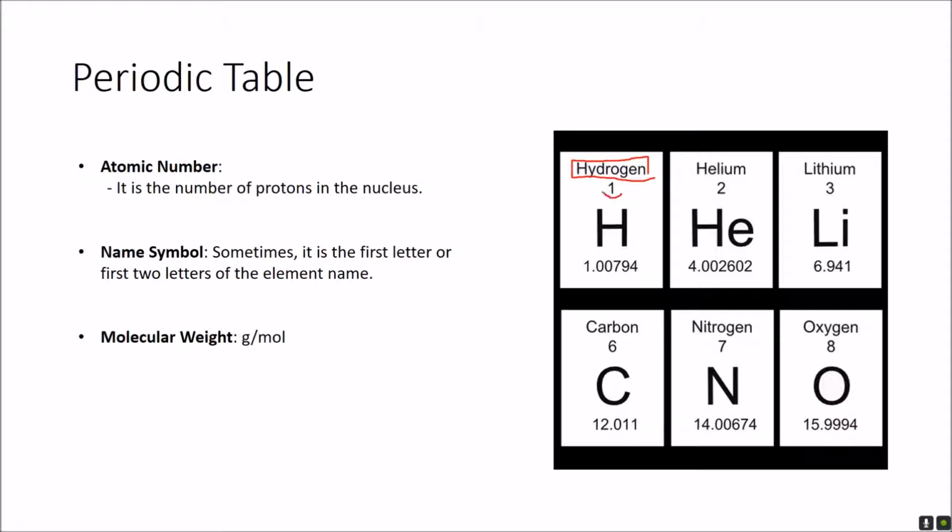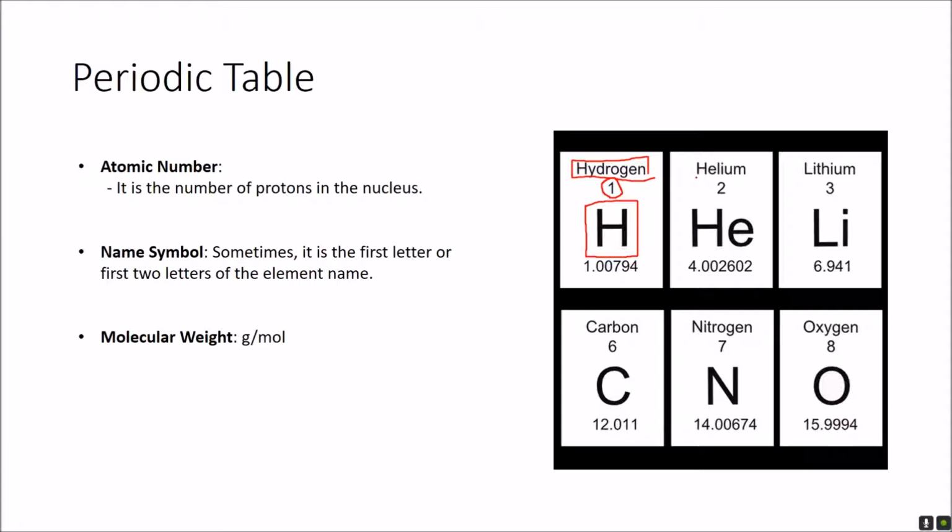Below the name is the number, and it is called the atomic number. It represents the number of protons in the nucleus. Below that is the symbol. Sometimes it is the first letter and sometimes the first two letters.